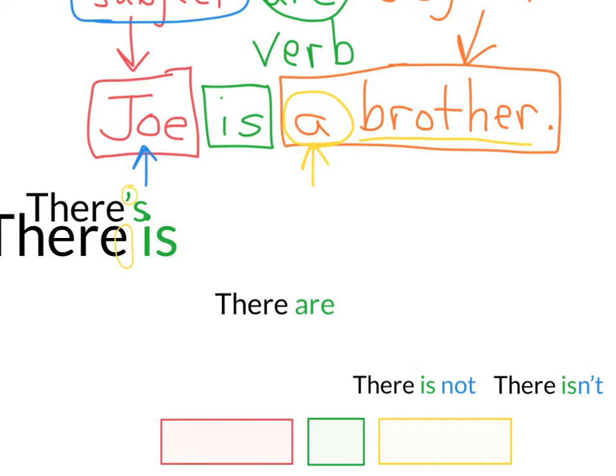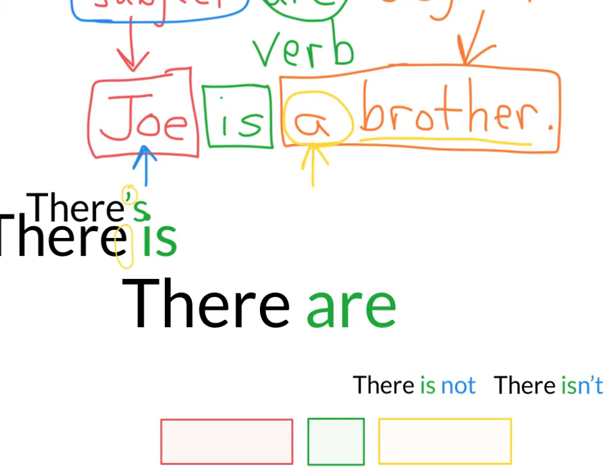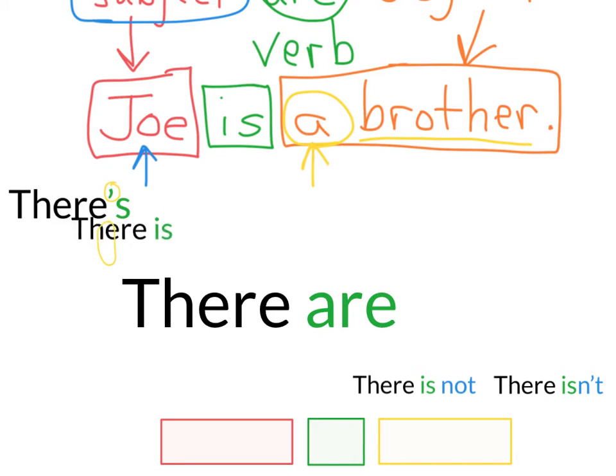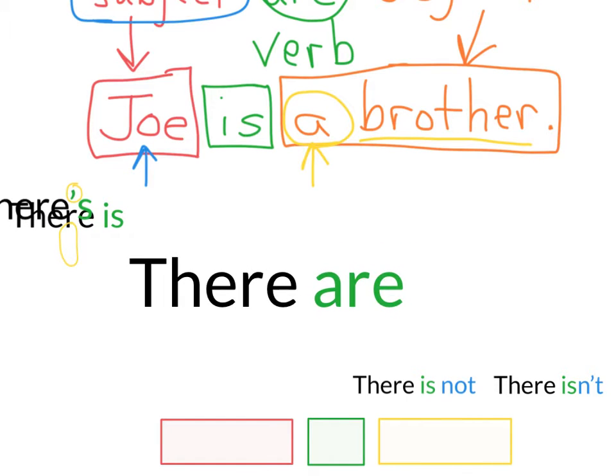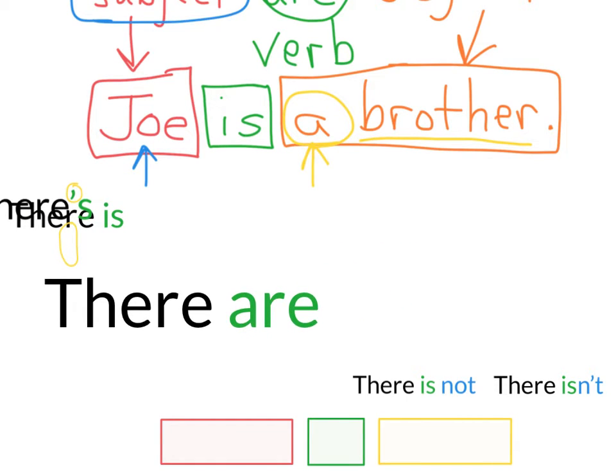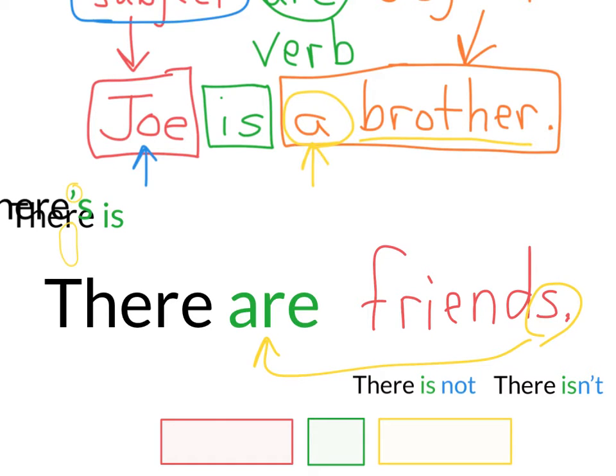Now, if my subject is more than one, I'm going to use there are. So, for example, there are friends. This is more than one, so we use are.